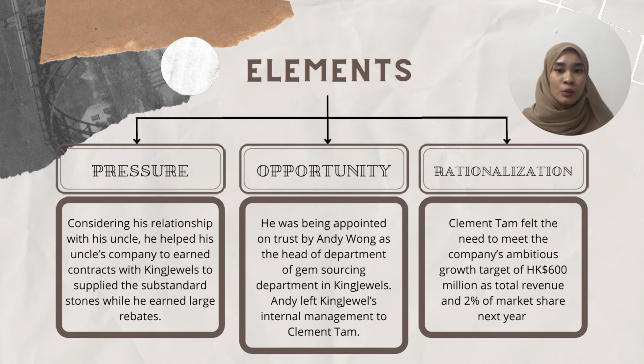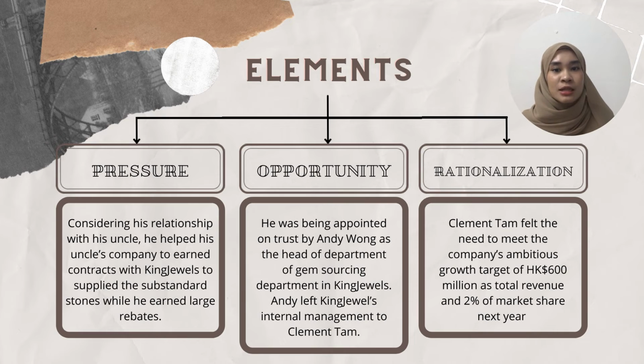Wyman did a further investigation and found that they had just started doing business with KingJewels 3 years ago, but had recorded a high business volume over the years and became the biggest sourcing companies within KingJewels' portfolio. To Wyman's surprise, the two companies' registered owner was Peter Tam, their uncle.